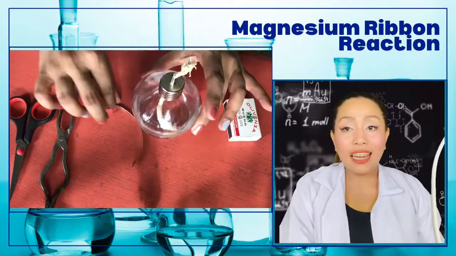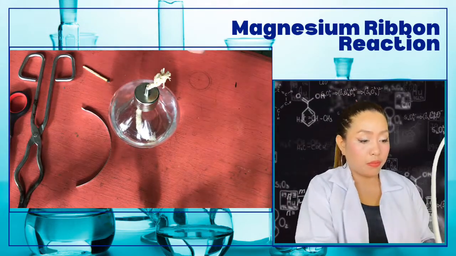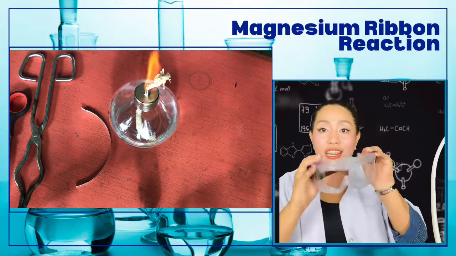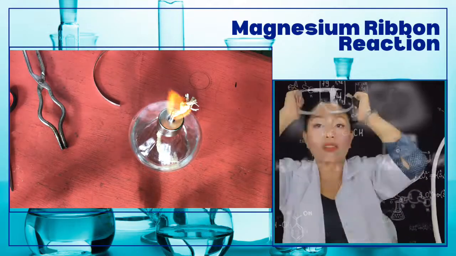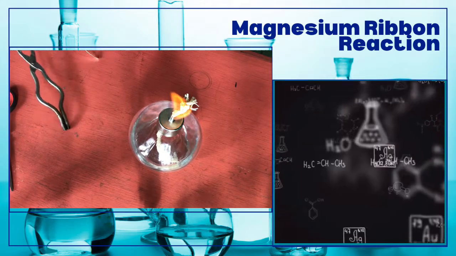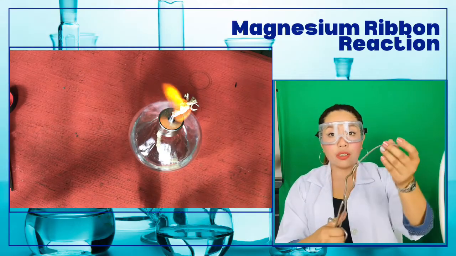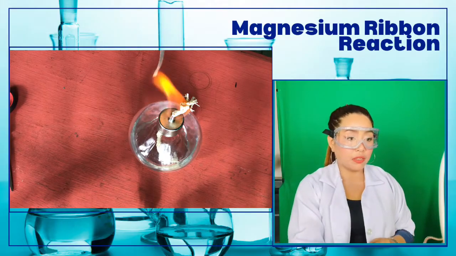We will be lighting now our alcohol lamp. We will be wearing goggles for this activity. Okay, so let's wear our goggles now. Let us now put it here and put it on fire.